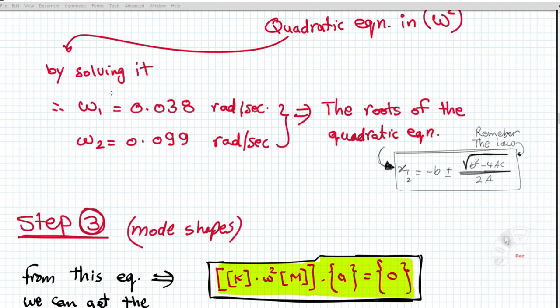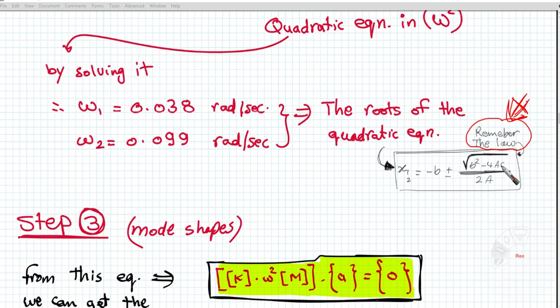Okay, so we can solve it, as you can see, using the quadratic equation solution: x1 and x2 equal minus b plus or minus the square root of b squared minus 4ac, over 2a.